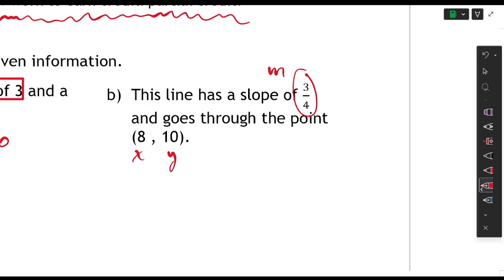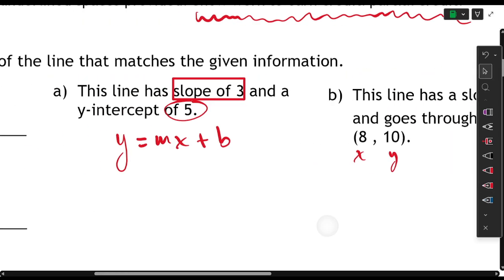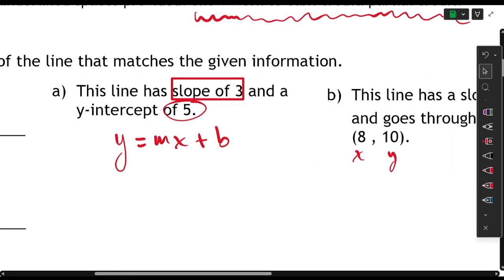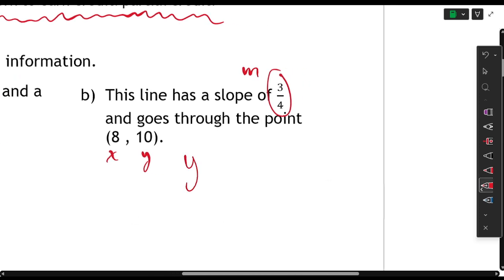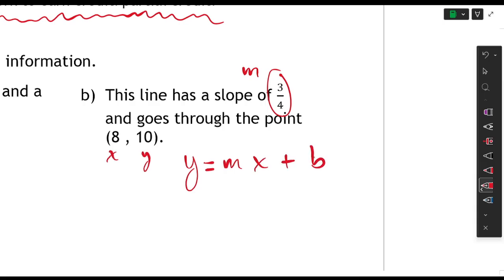We're just going to plug what we know into the slope-intercept form of a linear equation. So I'll write down as a reference, y equals mx plus b. For our given point, the y value was 10, the slope was 3/4, and the x value was 8, and then plus b. So we're looking at 3/4 times 8 plus b.